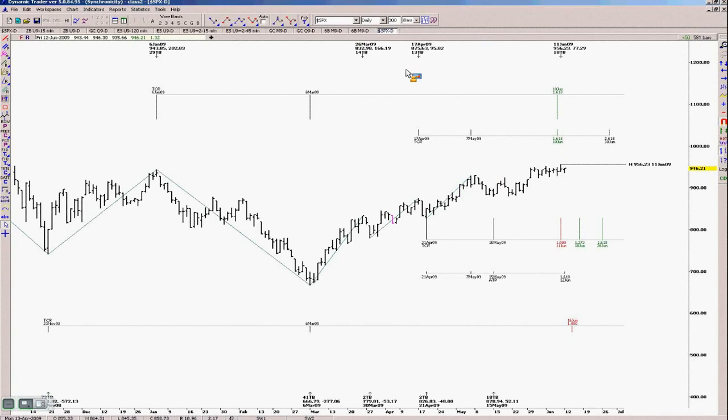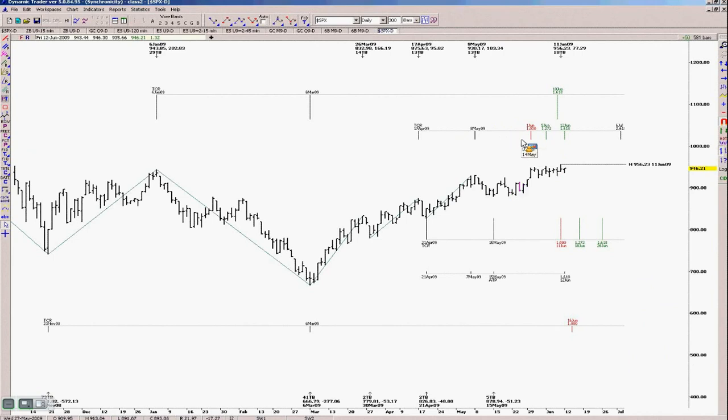Let me double check. 929.58 versus, actually May 8th is the high. So let me change this. That only changes it by one trading day here.